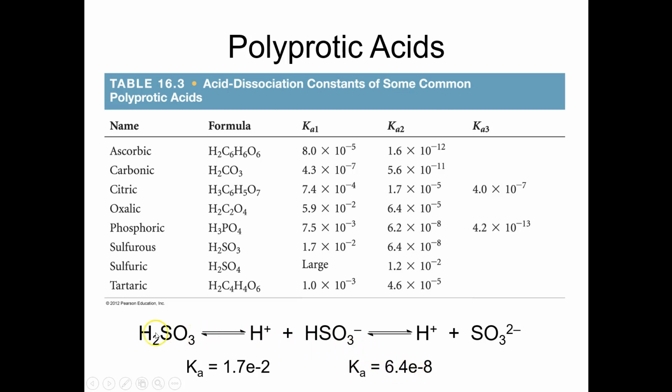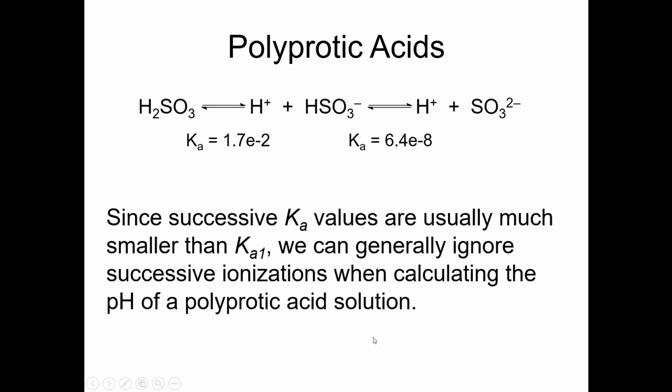So while both of those deprotonations represent a weak acid, this one is much easier to do than this second one. Because the successive Ka values are usually much smaller than Ka1, we can generally ignore them when we're calculating the pH of a polyprotic acid.